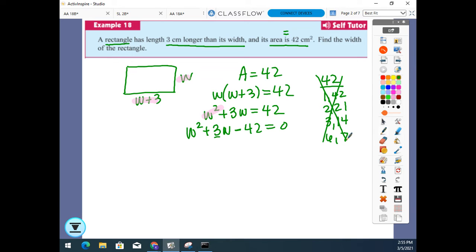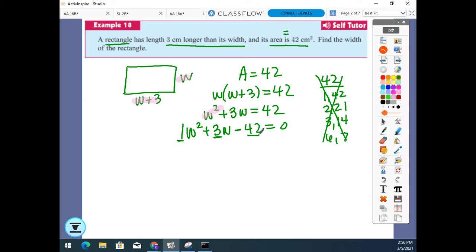All right, so the second step that I would go to for this one, use your quadratic formula. Okay, so this is where our A is 1, B is 3, and C is 42. All right, ready? I'm going to sing for you. Get all excited.